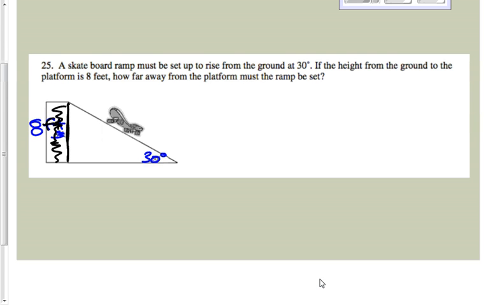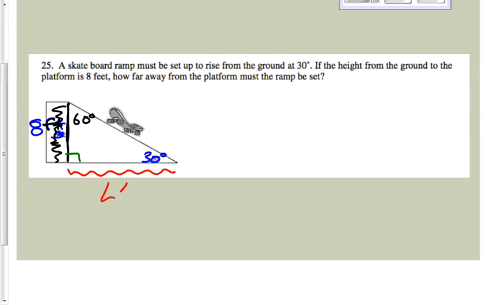So now it looks like I've got a right triangle situation going here. And we're assuming that the platform itself is perfectly straight. I know that this other angle up here is 60 degrees from my same logic as before. And it wants to know how far away from the platform must the ramp be set. So it's wanting to know this distance right here.